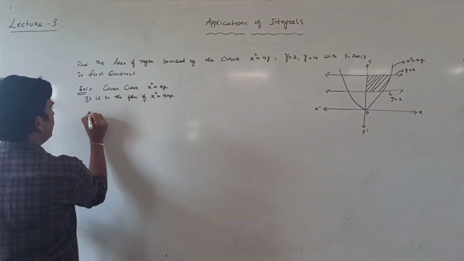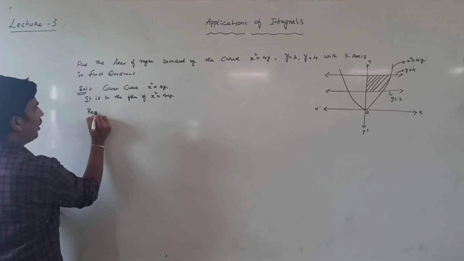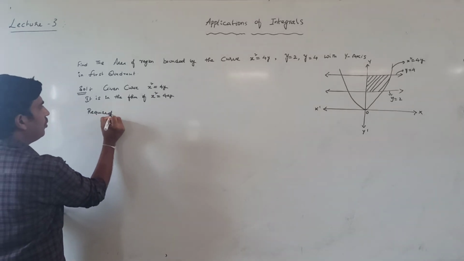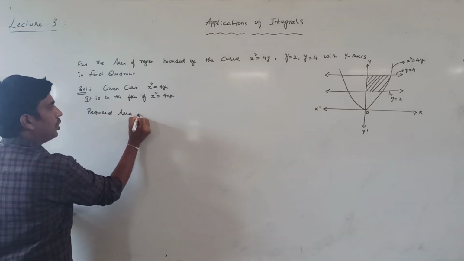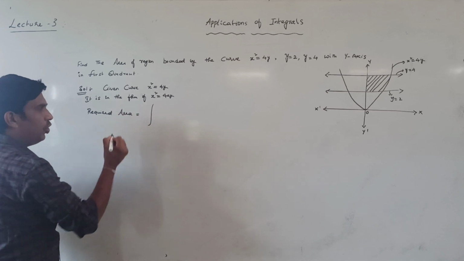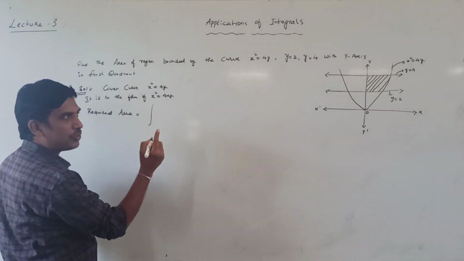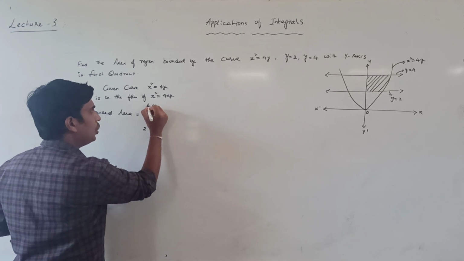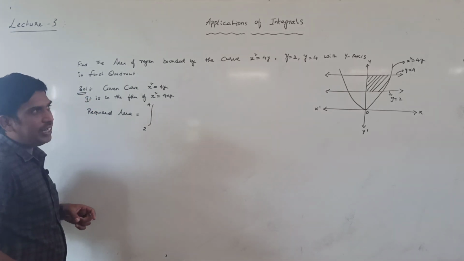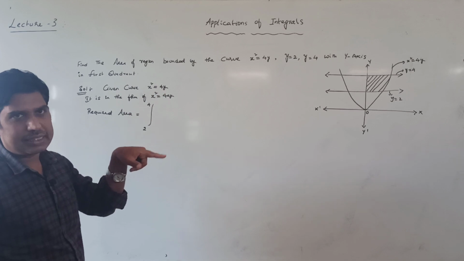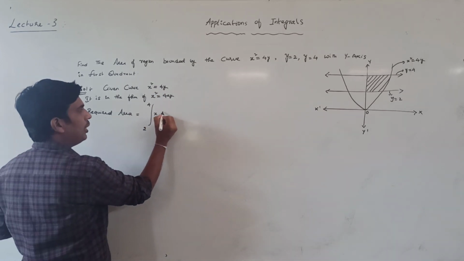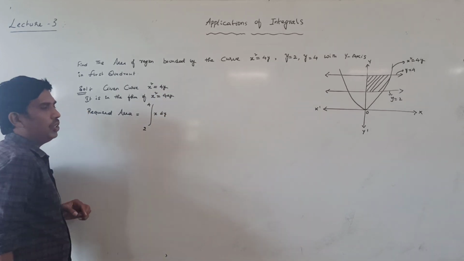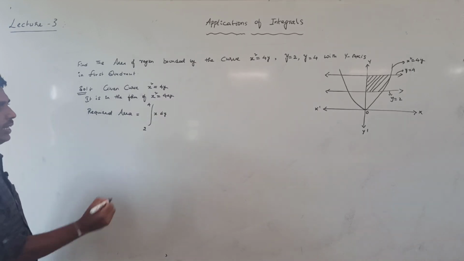So therefore just we have to write down here required area. So required area we have to find out. So integral limits what we have to take there, nothing but 2 to 4. When area is bounded with y-axis, therefore formula is nothing but x dy. So integral 2 to 4 x dy.